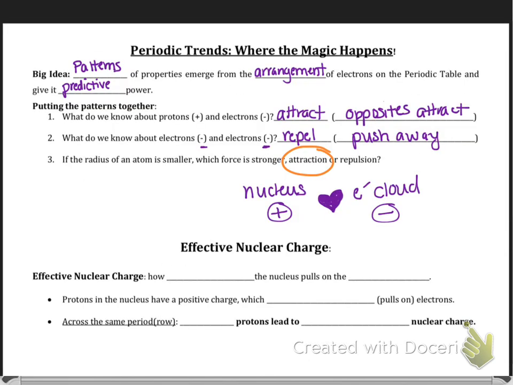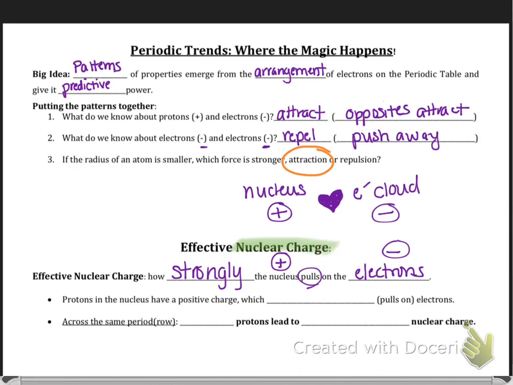Effective nuclear charge, the definition is how strongly the nucleus, which is positive, pulls on the electrons that are negative. The word pull is really, really important here. You're going to think of this as a really intense hug.